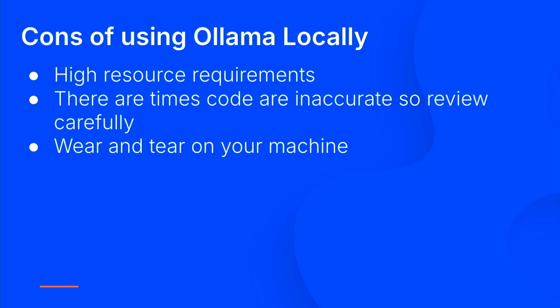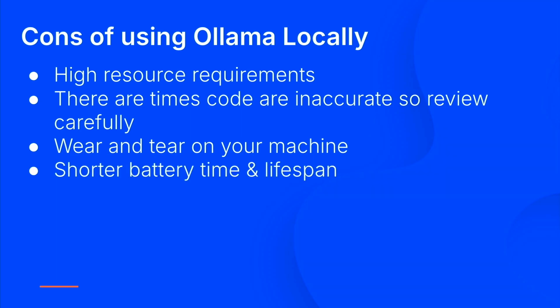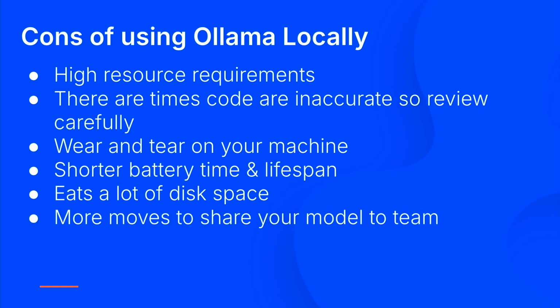I rarely hear my Mac fan work. The battery time is also shorter when Ollama is always on. If you test a lot of AI models, it would eventually eat a lot of space. And if you're going to share your model with your team, there are a lot of moving parts involved.